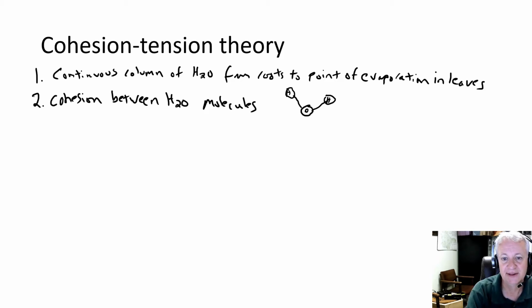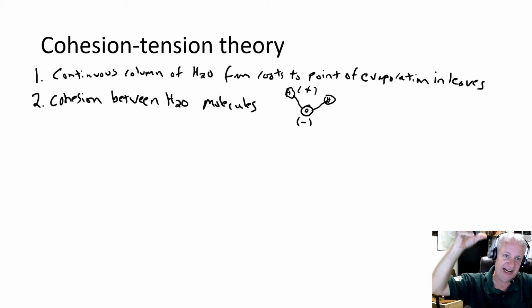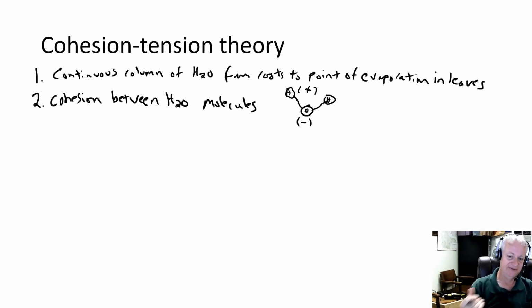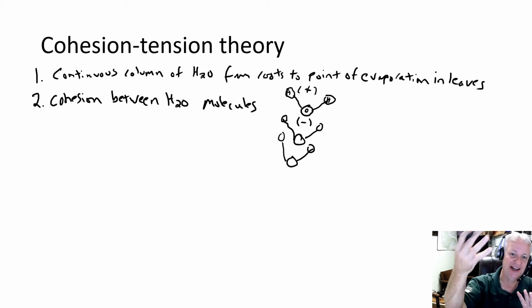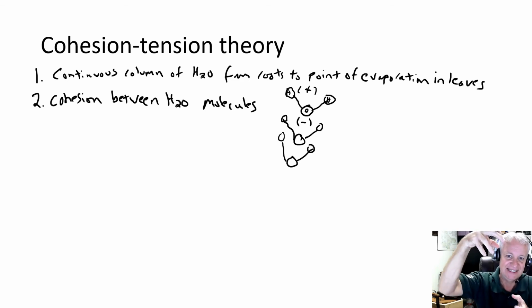So this molecule is polar in that there's a slight positive charge on this side of the molecule and a slight negative charge on this side of the molecule, because the positive valences of hydrogen are over on one side and the negative valence of oxygen's the other side. And what that does is that means that water molecules tend to stick to each other like this. So that net positive on one side is attracted to the net negative of the other side of the next molecule, and they tend to stick together.